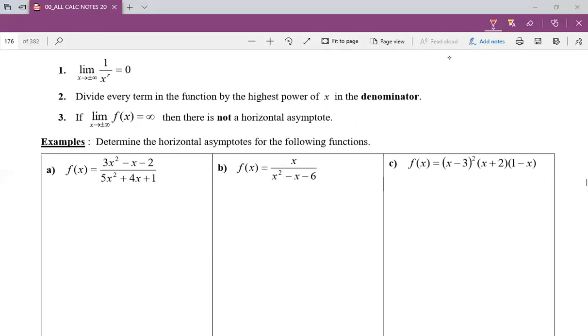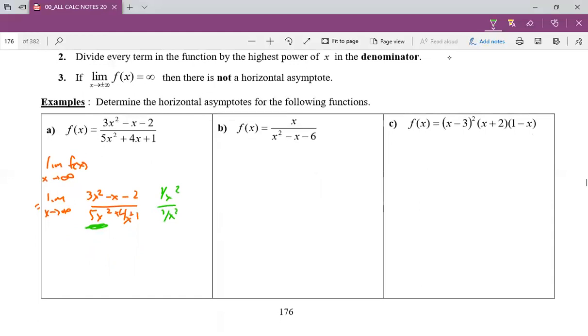In this case, we have our limit of f of x as x goes to infinity equal to the limit as x goes to infinity of 3x squared minus x minus 2, all divided by 5x squared plus 4x plus 1. But we are going to divide by x squared, because that's your degree in the denominator.